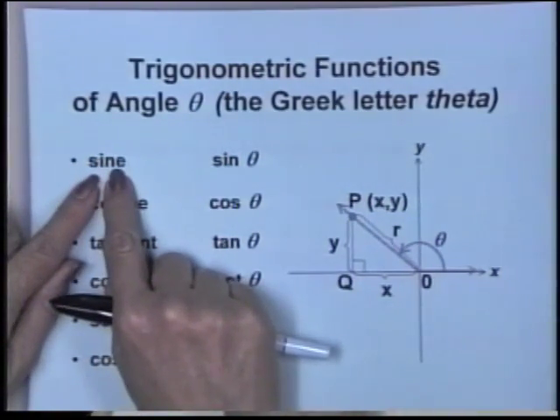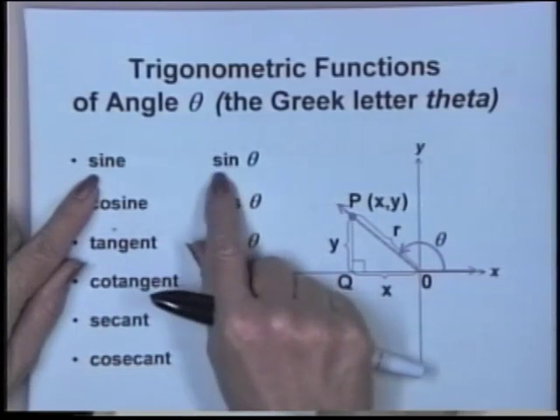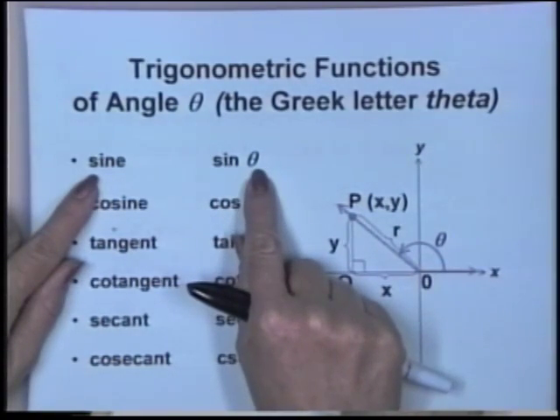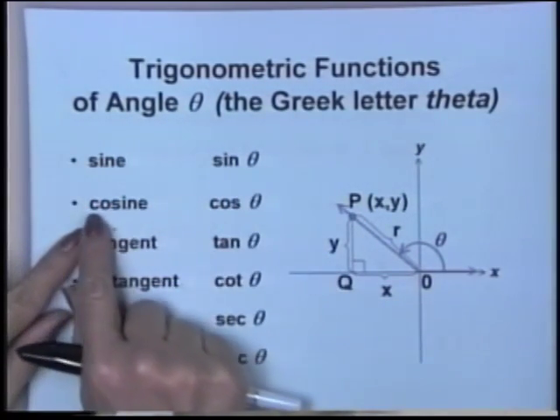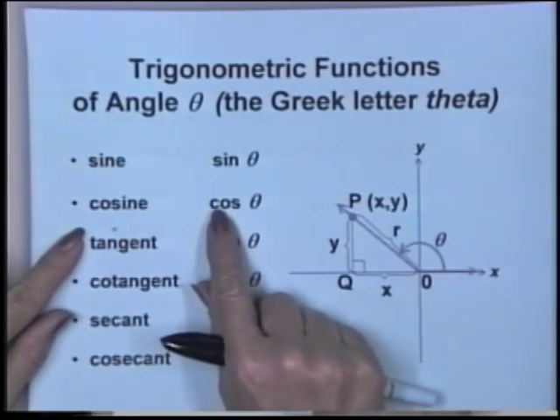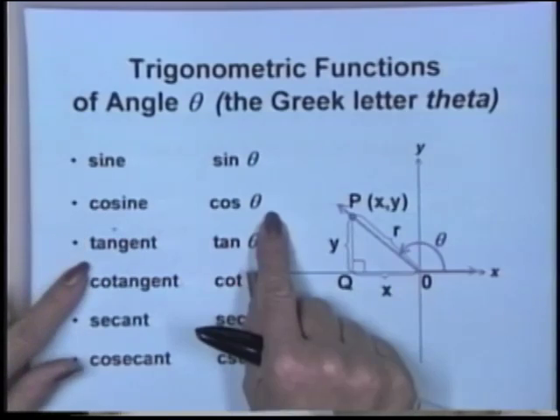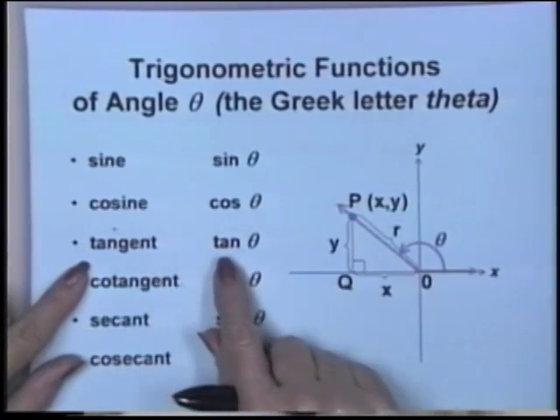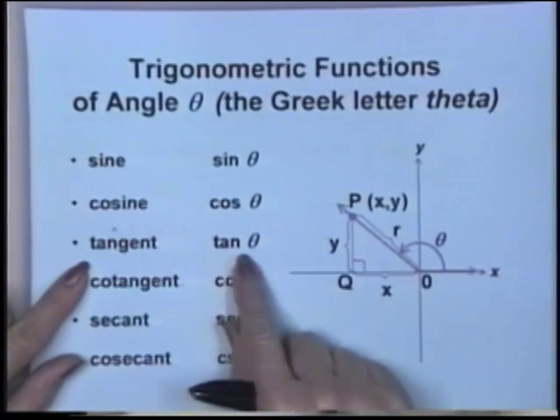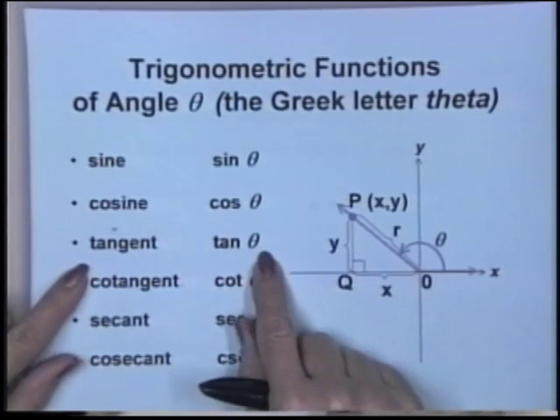We abbreviate the sine as SIN. We would read this as the sine of theta. We abbreviate the cosine as COS, and we would read this as the cosine of theta. For the tangent, it's TAN, and we read that as the tangent of theta.